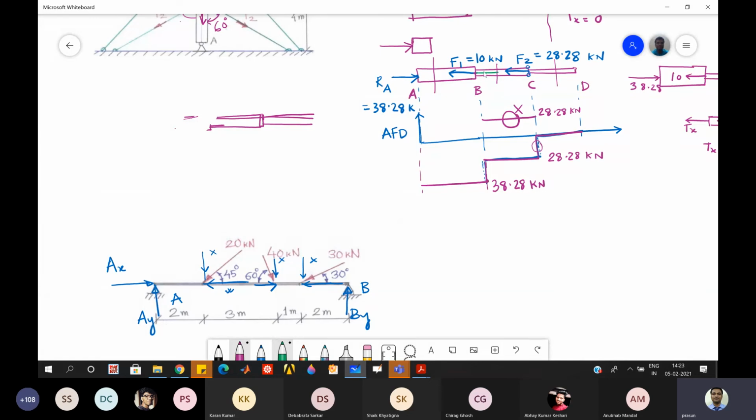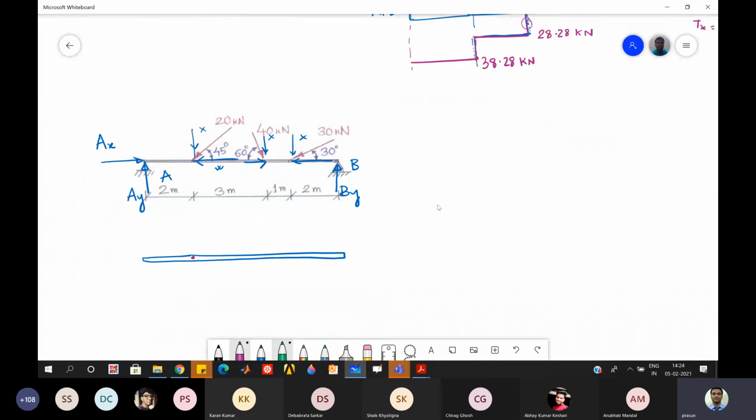It's the same force I could have drawn like this. Whatever diagram you use, you can give a point like this, B, so that will make our life easy.